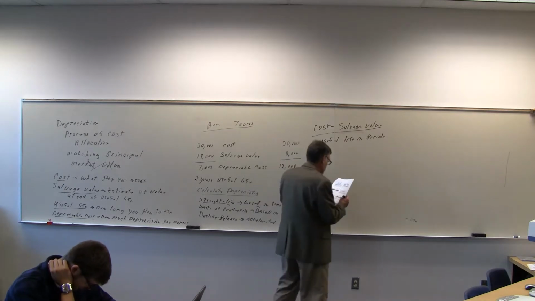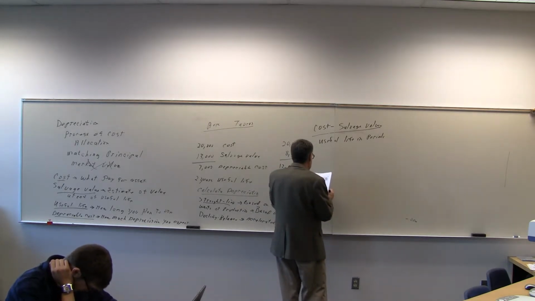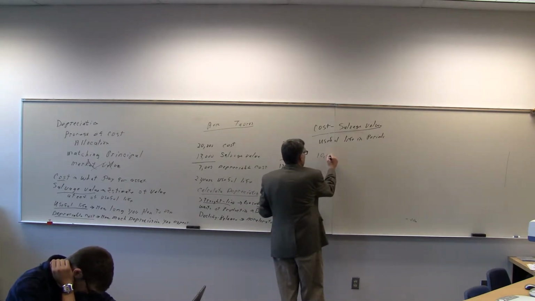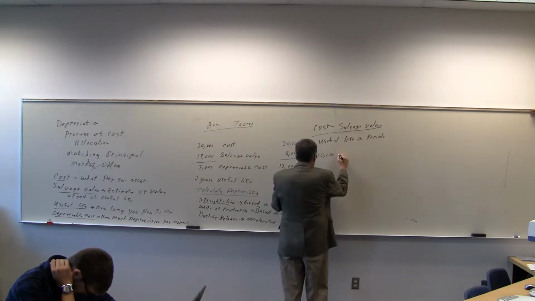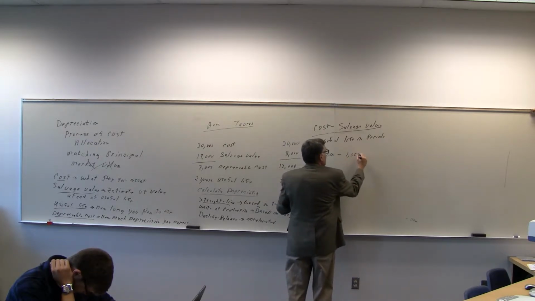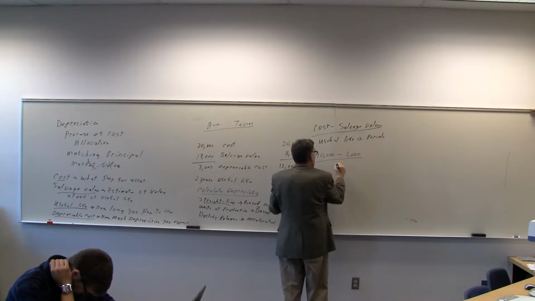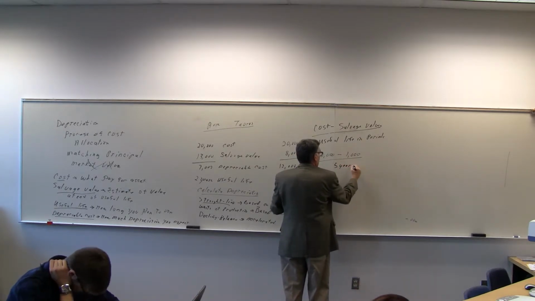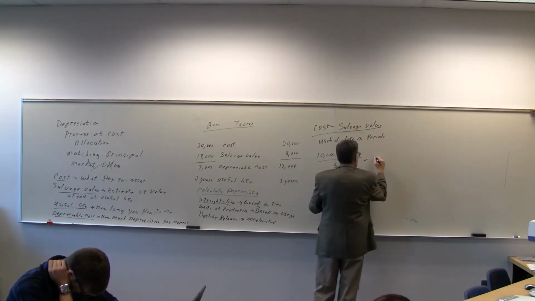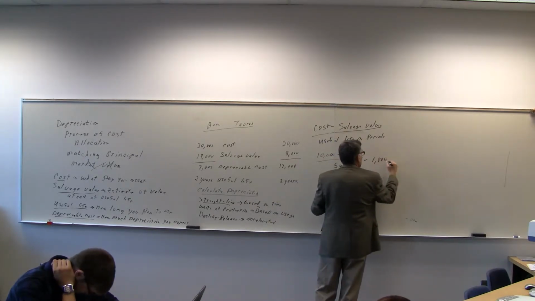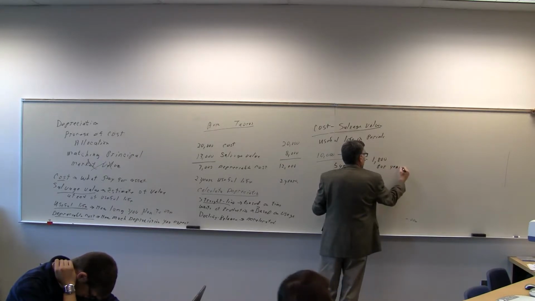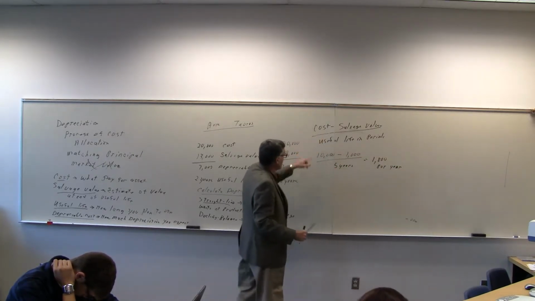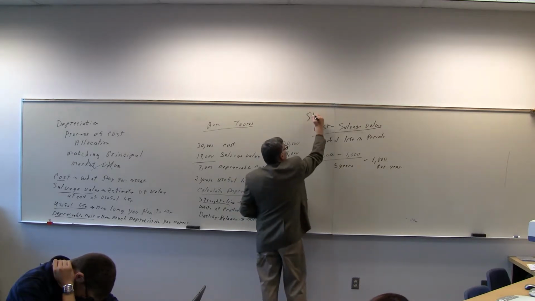In this case, they spent $10,000 for this machine, they expect to sell it for $1,000 at the end of its useful life, and they expect to use it for 5 years. That means every year it will depreciate $1,800. Again, this is the straight line method.